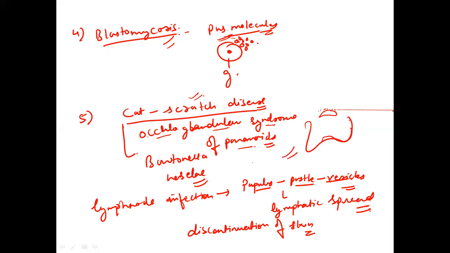Right. So it is caused by Bartonella henselae, a lymph node infection, in which first there is discontinuation of skin, then formation of papules, pustules, vesicles, and due to spread along the lymphatics to the lymph nodes, it is a lymphatic infection.